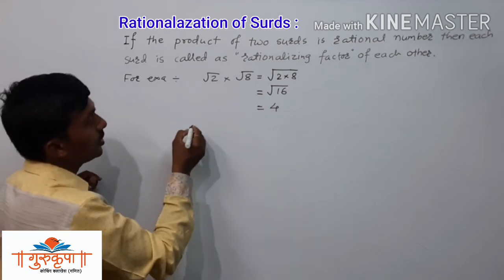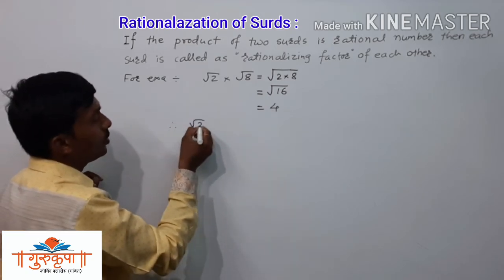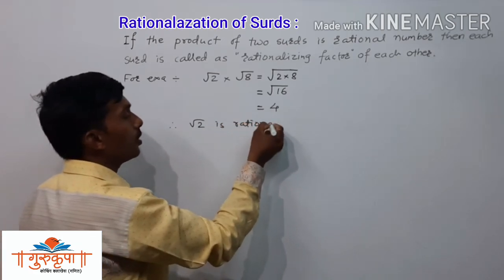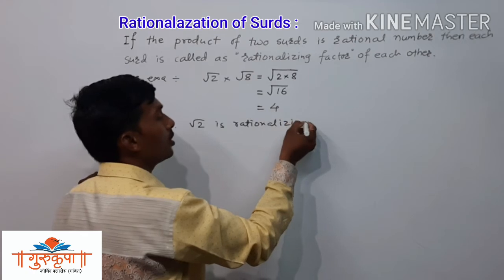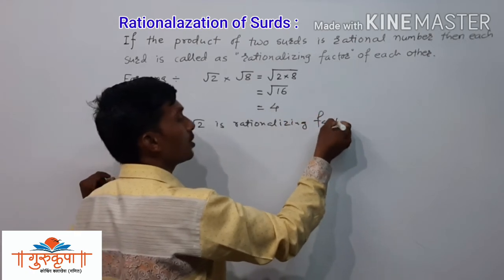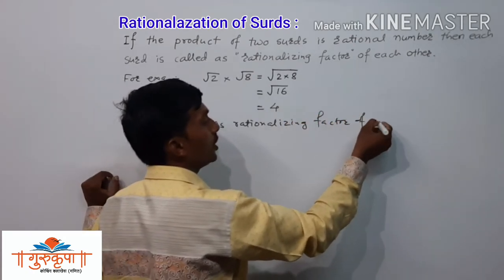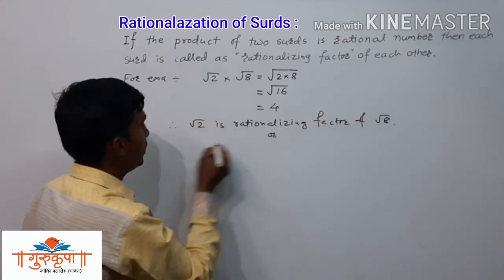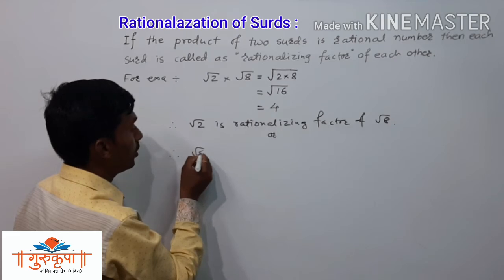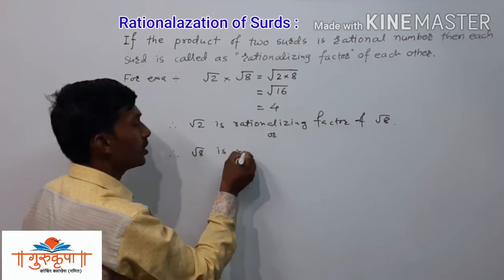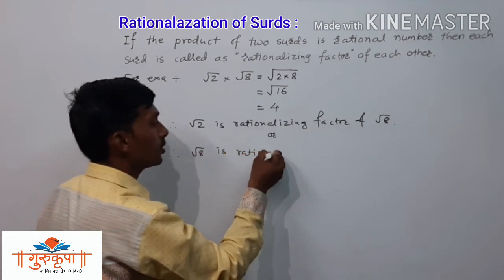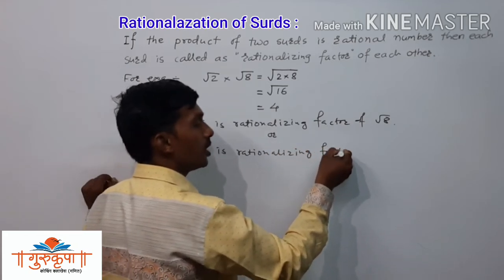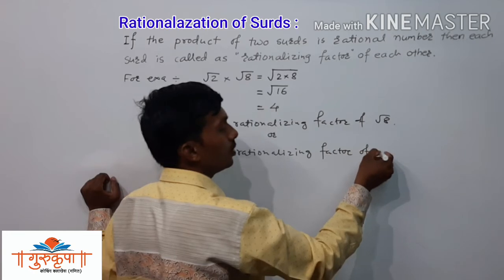So root 2 is the rationalizing factor of root 8, or simply root 8 is the rationalizing factor of root 2.